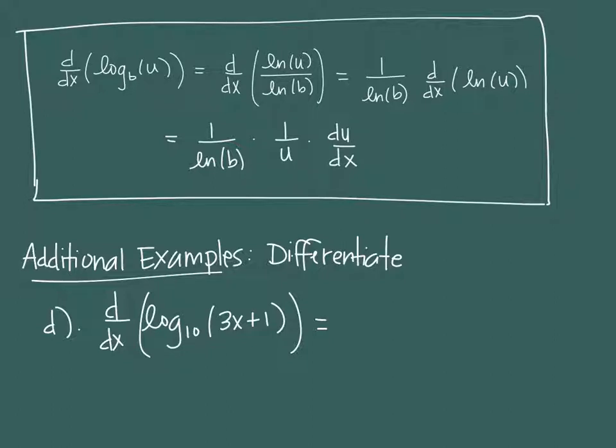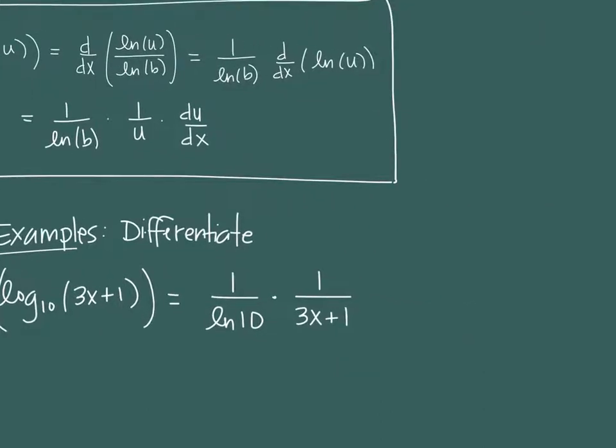So basically, to simplify that, we would have 1 over the natural log of 10 instead of the common log of 10, and then times the reciprocal, 1 over 3x plus 1. And then times the chain rule of that, which would be 3. And so you would write that as a numerator of 3. And then you probably want to write natural log of 10 in its own quantity and 3x plus 1 in its own quantity, just so you're separating.